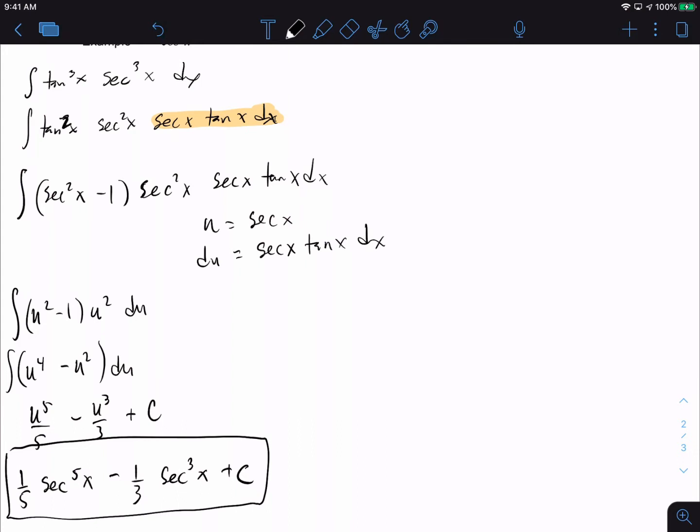All right, cool. So then from here, what I'm going to do is instead of going tangent and secant, I'm going to go with sine cubed x over cosine cubed x, times 1 over cosine cubed x dx. I'm going to change that tangent to sine cubed over cosine cubed.